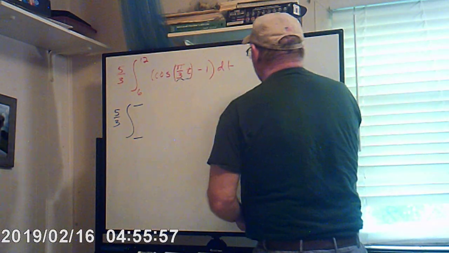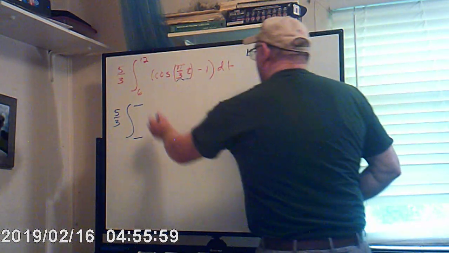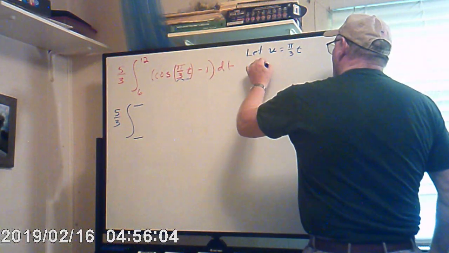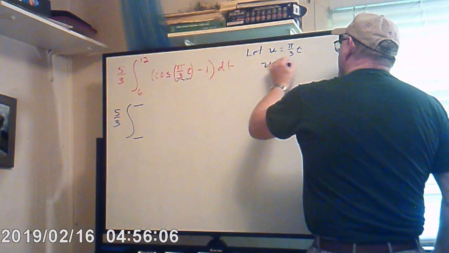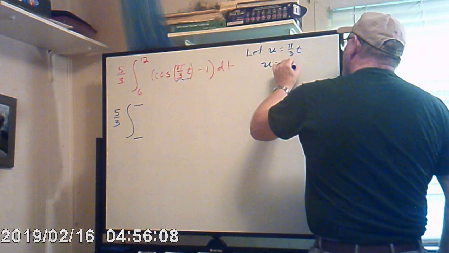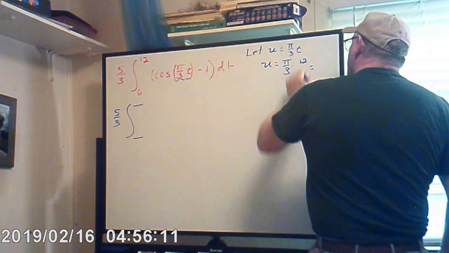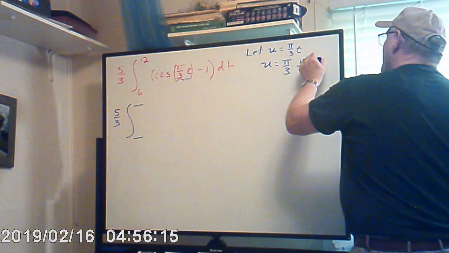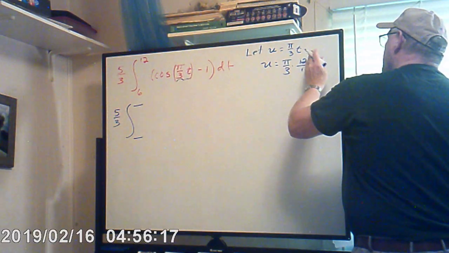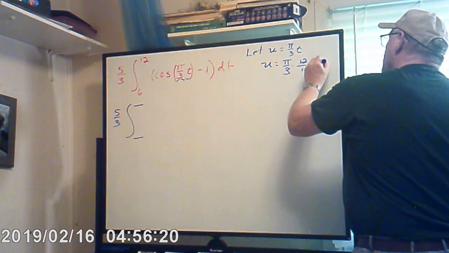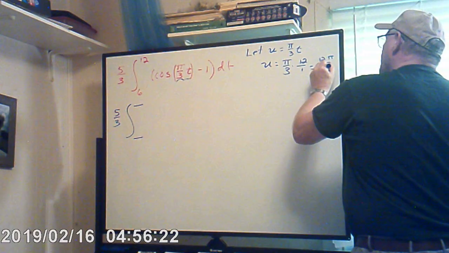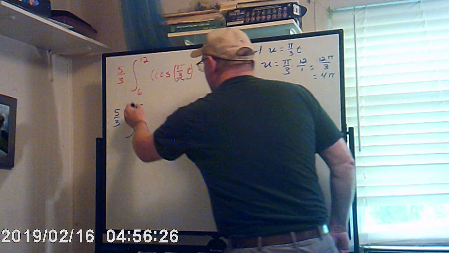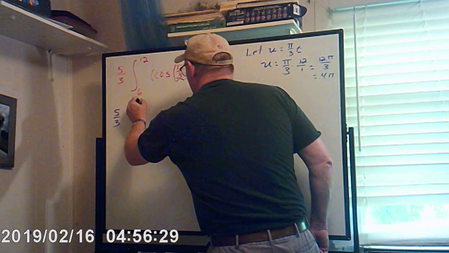U is this. Let's take the 12. I'm going to change that. So u is equal to 1/3 times 12, which to me is 12 over 1, so that's 12 pi over 3, which is really 4 pi. So in place of this, I'm putting 4 pi.